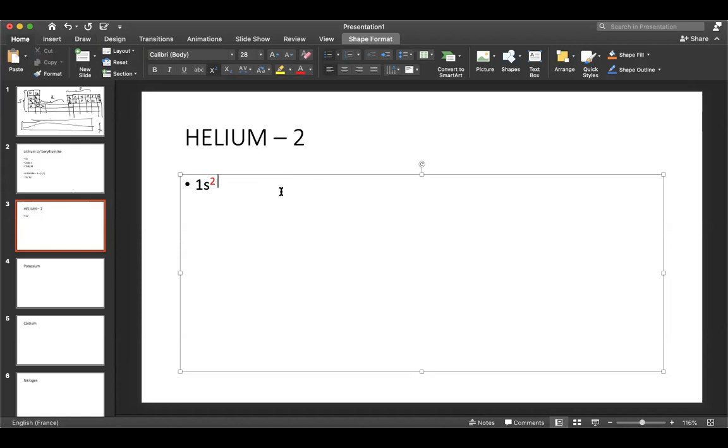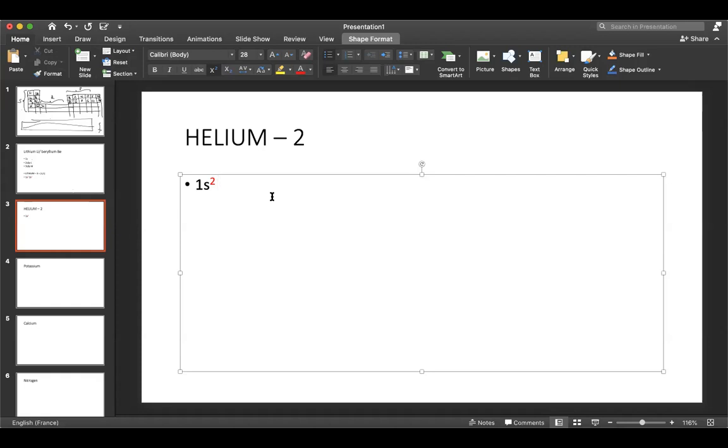The octet rule states that the orbitals are supposed to occupy the maximum number of electrons. If a shell is supposed to occupy 20, that's the maximum. So helium respects the octet rule.